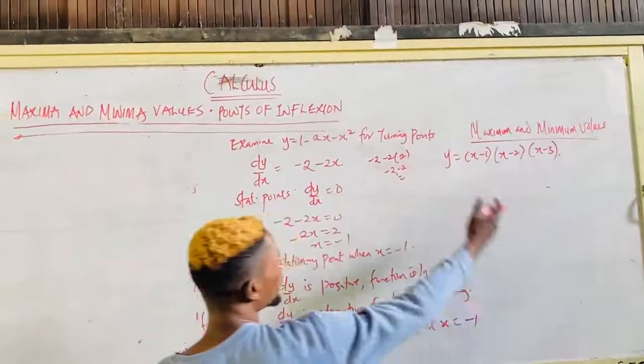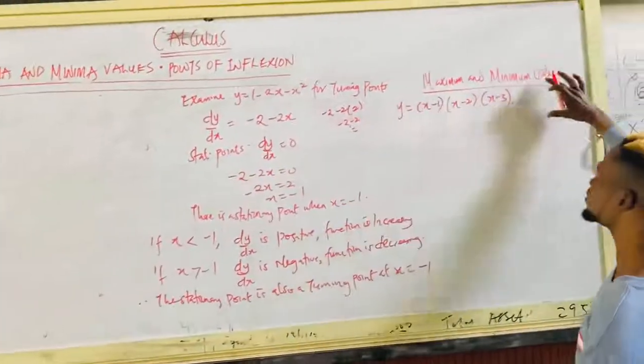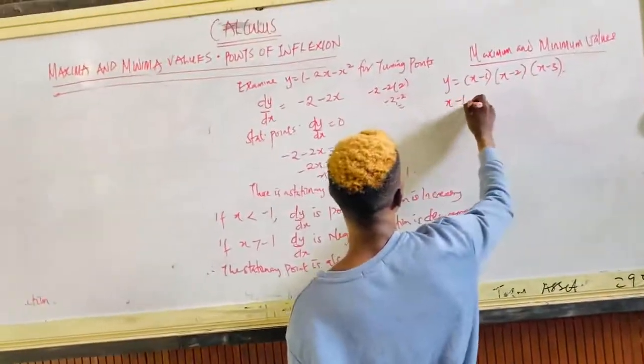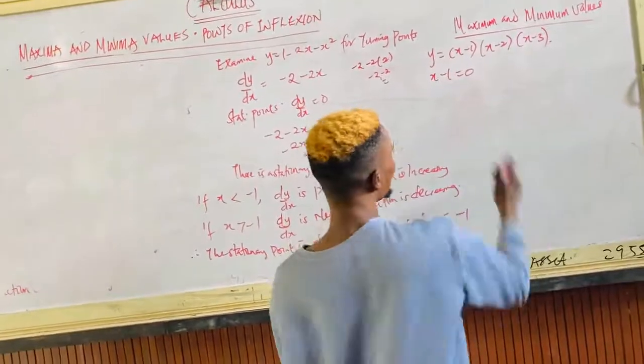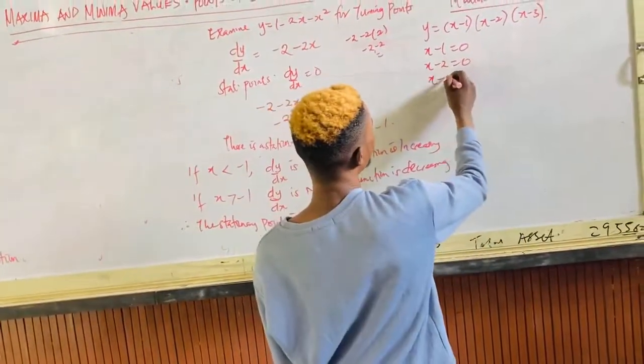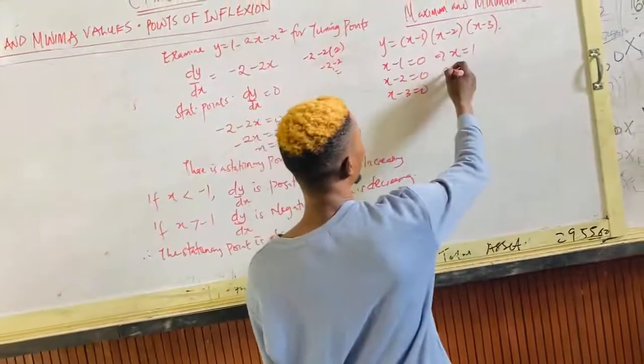Now this curve will vanish, when I say vanish, everything will be equal to 0, if x minus 1 is equal to 0, if x minus 2 is equal to 0, and if x minus 3 is equal to 0. That means x is 1 and x is what?